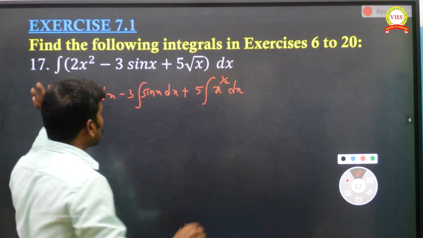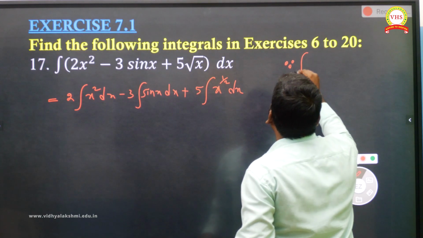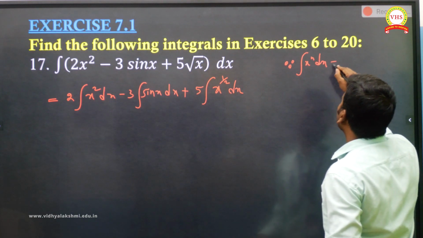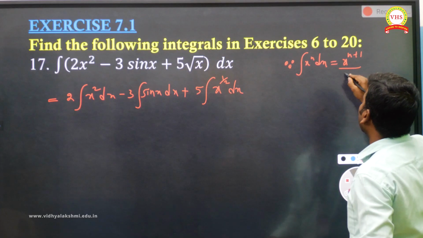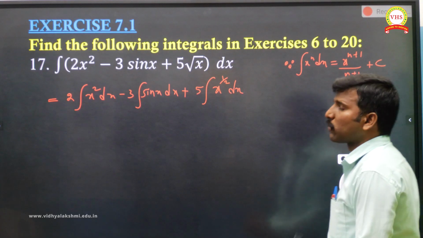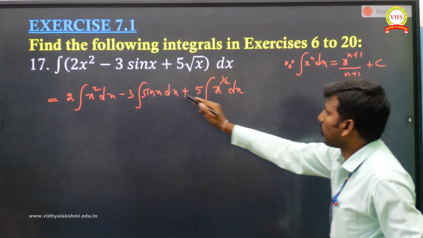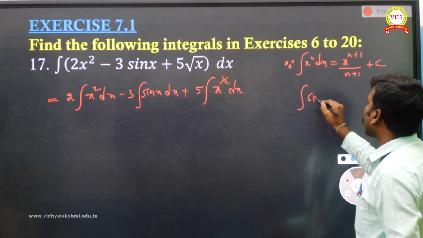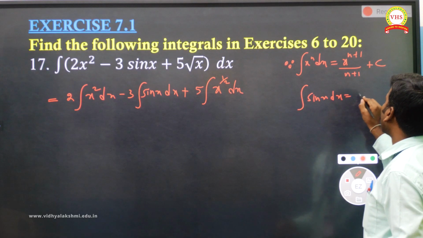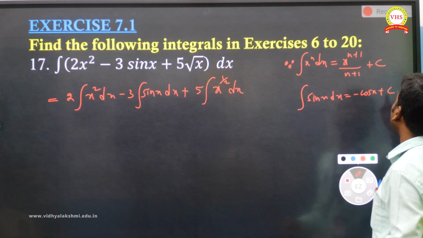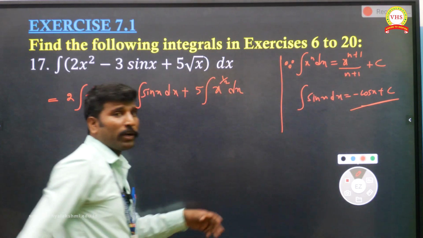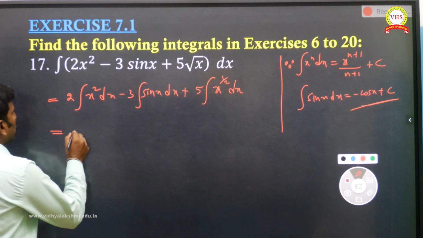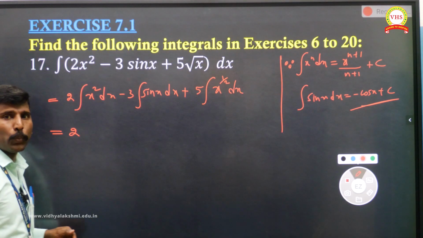For the last and first one, what formula? Again x power n dx equals x power n plus 1 divided by n plus 1 plus c. This formula. And the middle one is sine. So integral sine x dx is equal to minus cos x plus c. These two formulas I'm going to use here. Okay, right. 2 into, so n value is 2.